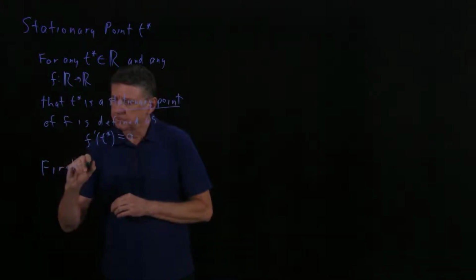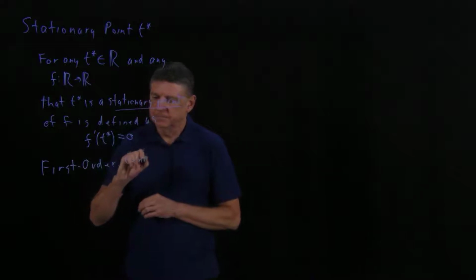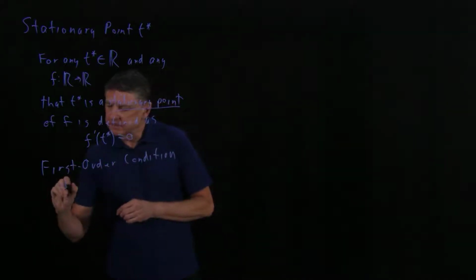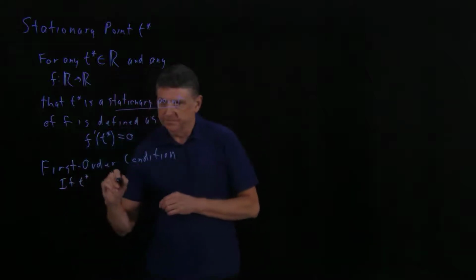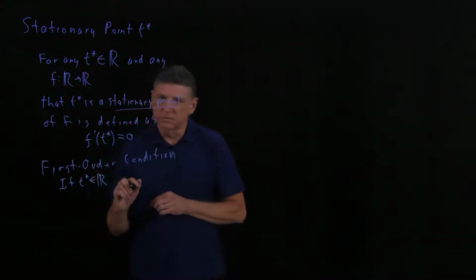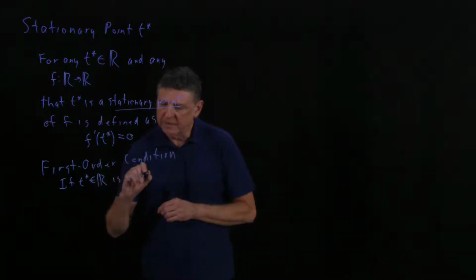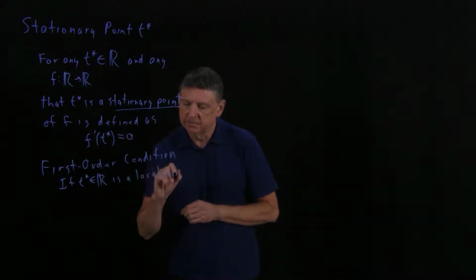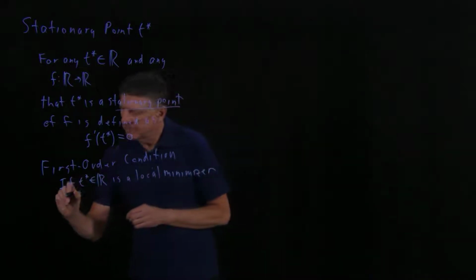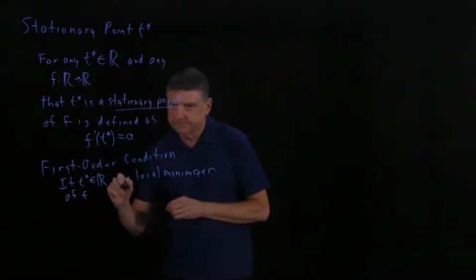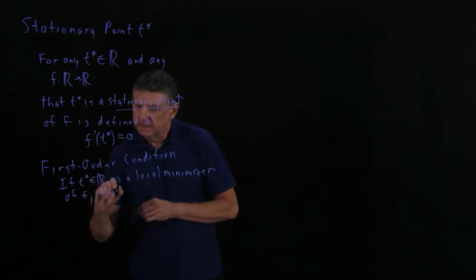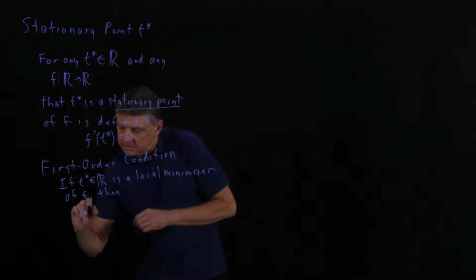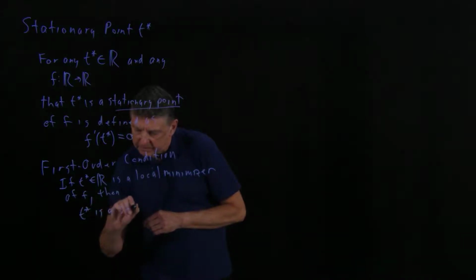So there's a theorem that we won't prove, it's a very straightforward theorem from calculus, that this is a first order condition, and this is a necessary condition. So what that states is, if T star, which is a real number, is, and now we'll be specific, and you can refer to some of our previous sessions to get this, if it's a local minimizer of a function, then T star is a stationary point.